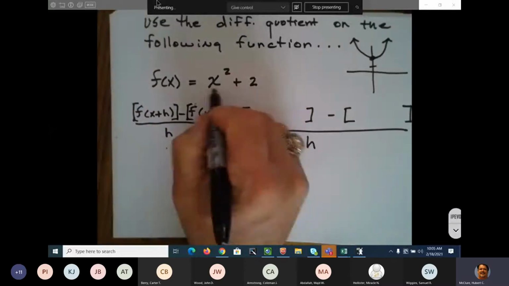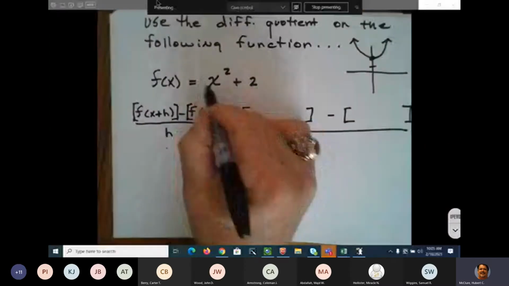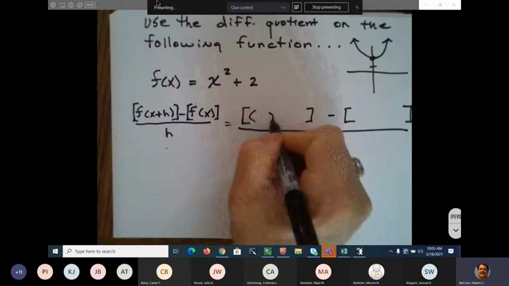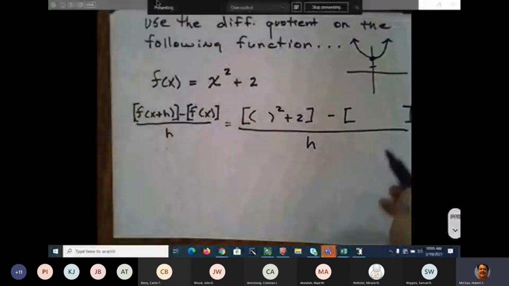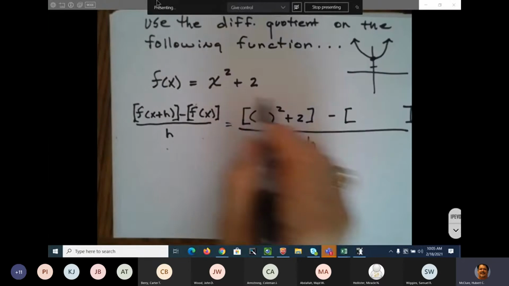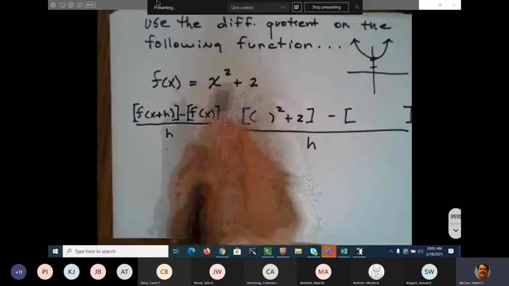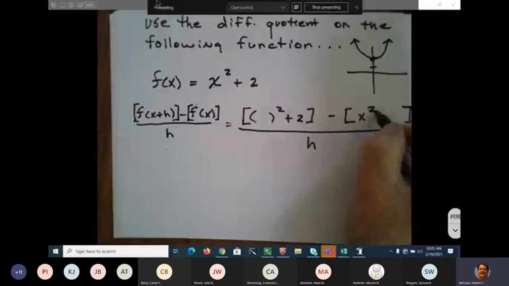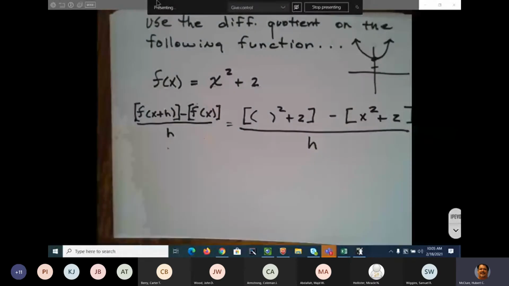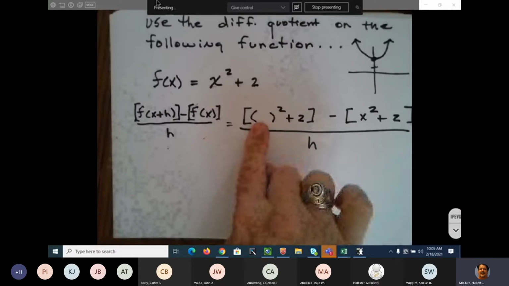I'm going to rewrite this with parentheses squared plus 2. And then over here, I'm going to rewrite x squared plus 2 because that's f of x. See? F of x is equal to that whole thing, x squared plus 2. And somebody tell me what I'm going to put in those parentheses right there.